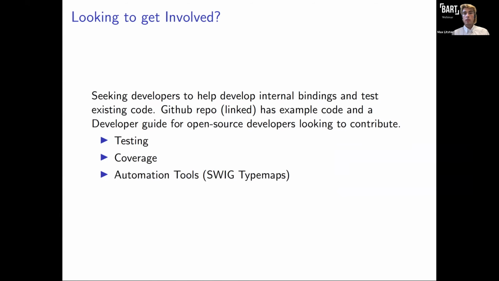So that's using SWIG to create frameworks for automating existing C code within the API. The GitHub repo, which I'll show off in a second, has a developer guide, which documents some of the work that we've done already and additional steps forward for anyone looking to get involved.